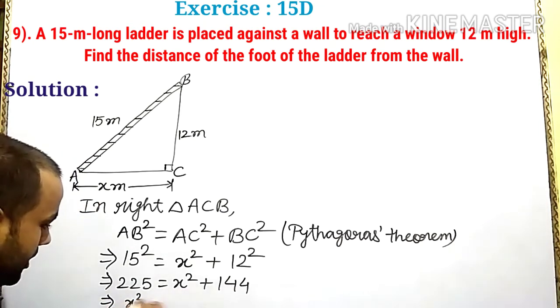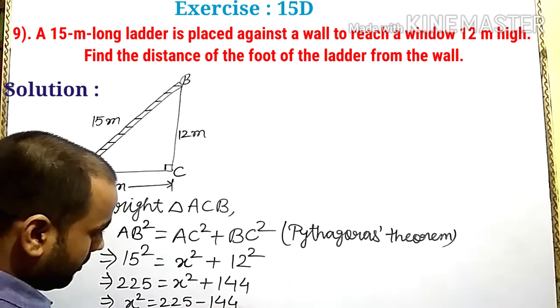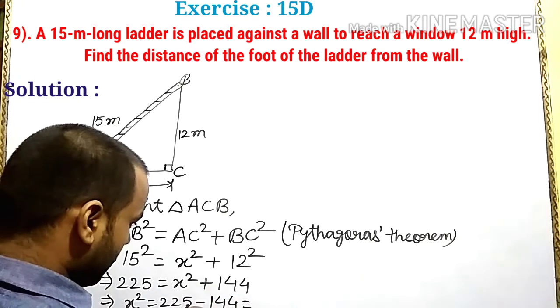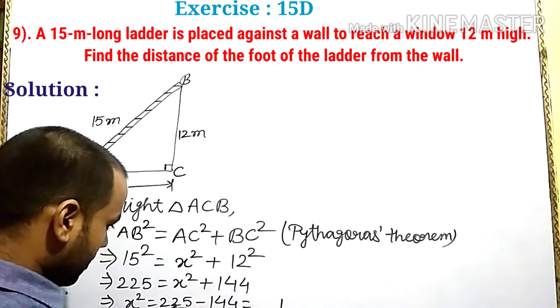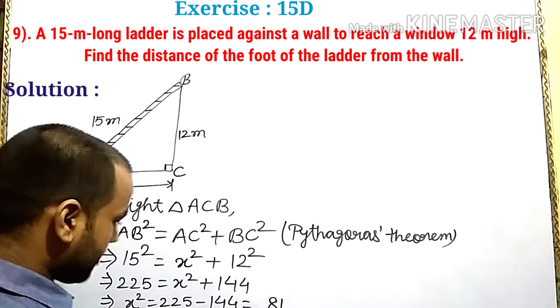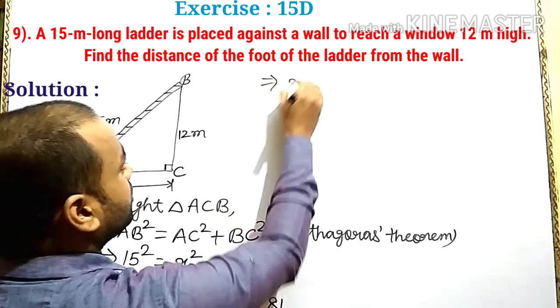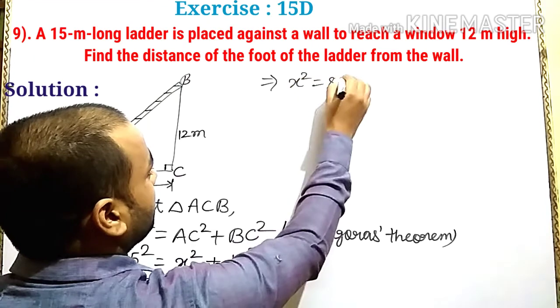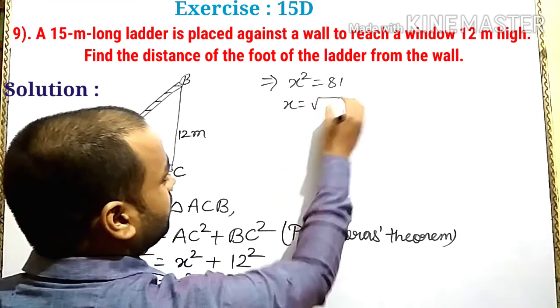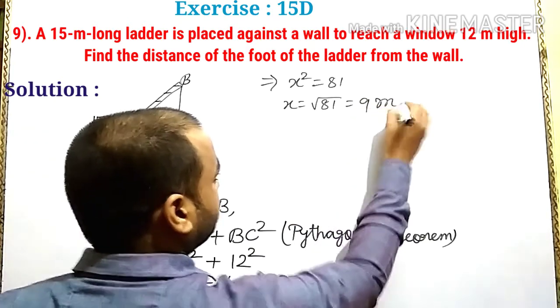The x square is equal to 225 minus 144, which is 81. So here we find x square is equal to 81. The x is equal to the square root of 81, which is equal to 9 meter.